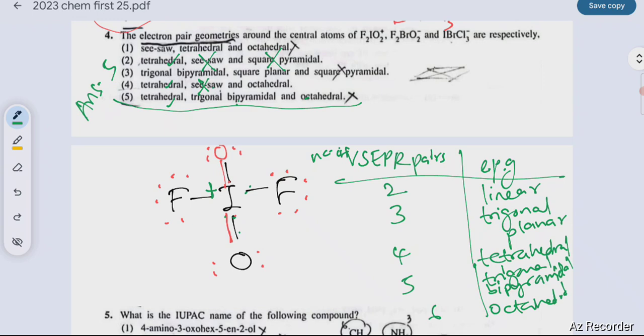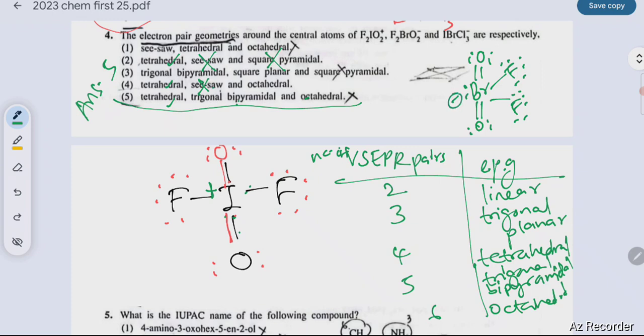And if we draw for F2BrO2 minus, right? So we will get like this. BrO F2. Right?